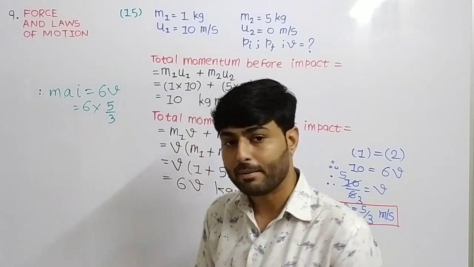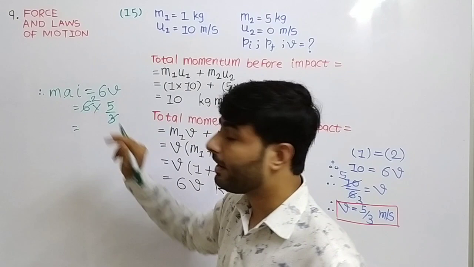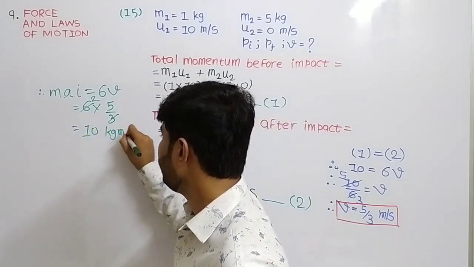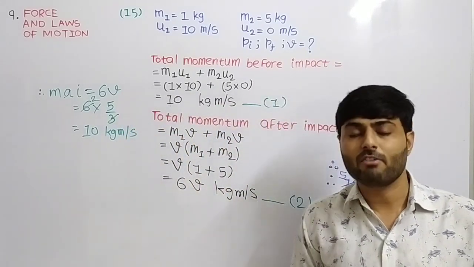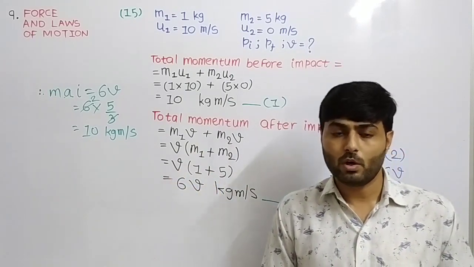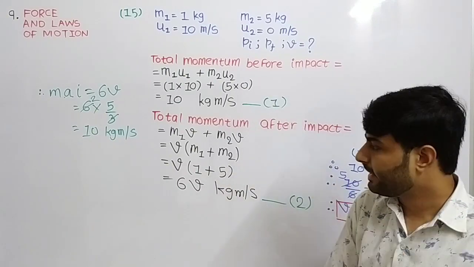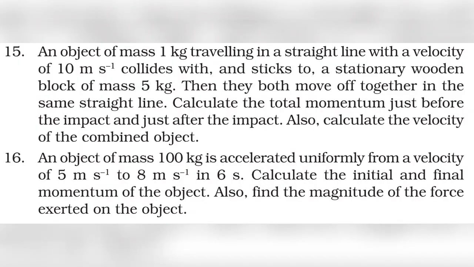Here we will cut by 2, so 5 twos are 10. So that is 10 kg meter per second as momentum just after impact. I hope you got this point. We have used the law of conservation of momentum, and after combining together they will have the same velocity after impact. Let's move on to question number 16.